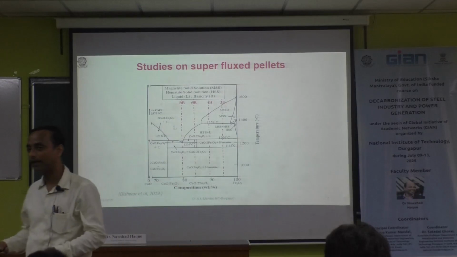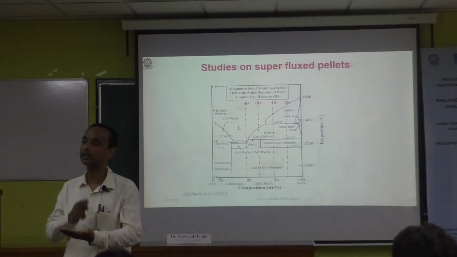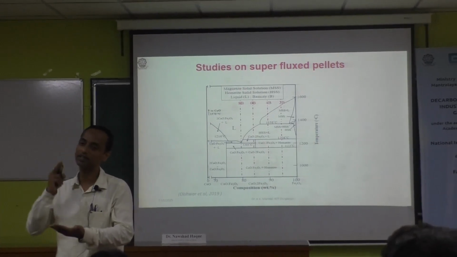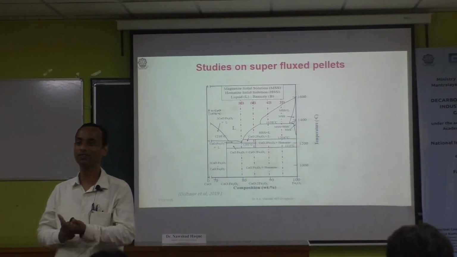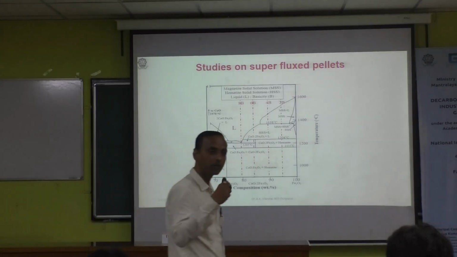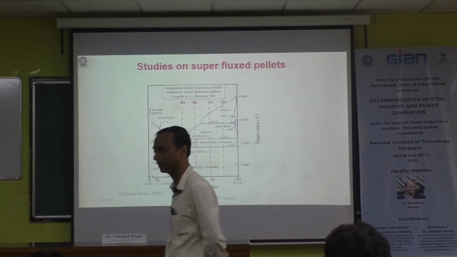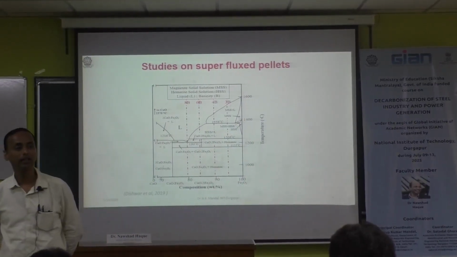But we have tried a lot. We fired the pellets at 1100, 1125 degrees, and in this way we gradually increased. What we observed is that when we cross 1200 degrees centigrade, another problem arises. What is this problem?